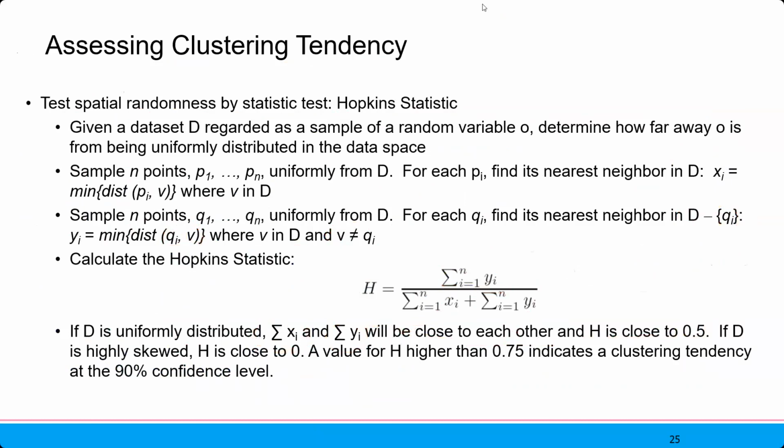So if the value here is close to 0.5, it may indicate a uniform distribution.